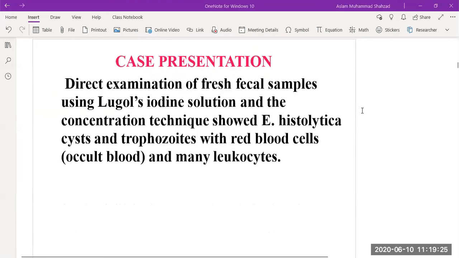The direct examination of the fresh fecal sample using Lugol iodine solution and the concentration technique showed the presence of Entamoeba histolytica cysts and trophozoites with red blood cells and many leukocytes.